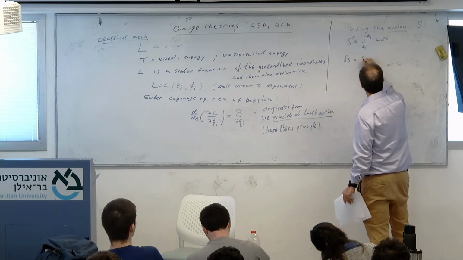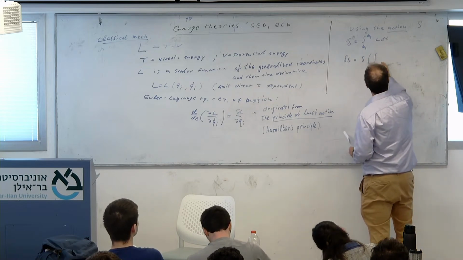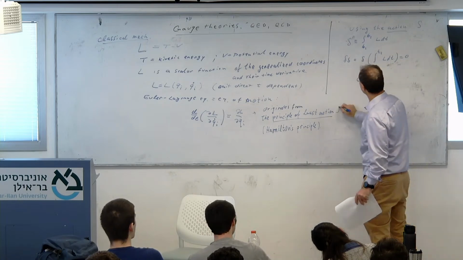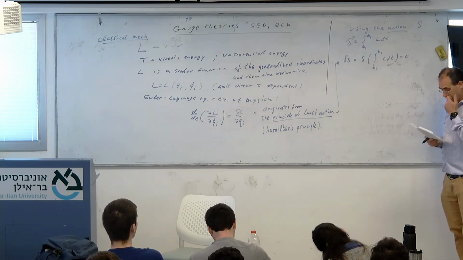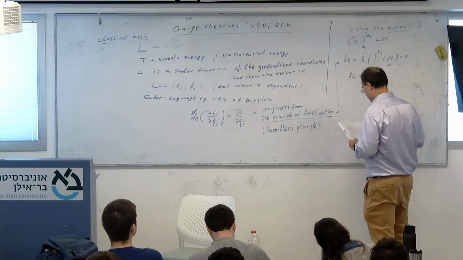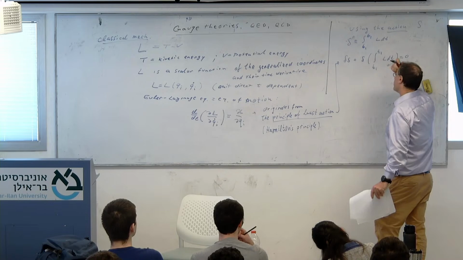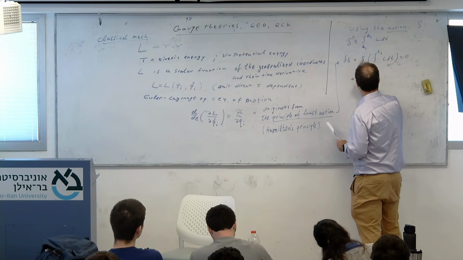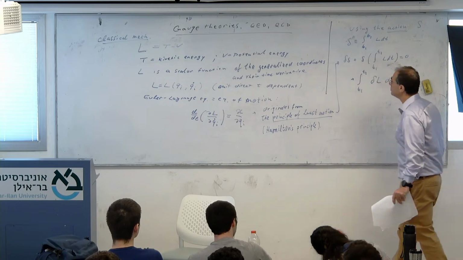So delta of the integral from T1 to T2 of L dt must be equal to 0. This is the principle of least action. Then we can switch the order of integration and differentiation, and write the integral from T1 to T2 of delta L dt equal to 0.